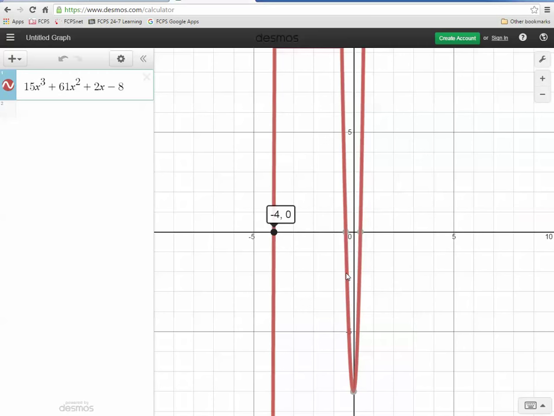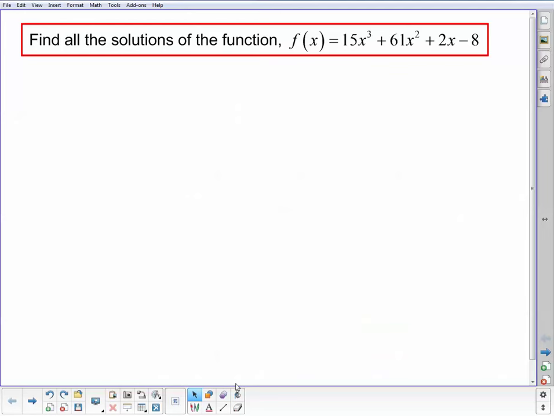Considering I only want to take one of the 3 right now, it makes the most sense to take negative 4 because that's the easiest number to work with. So one of my solutions I know is x equals negative 4. And again, I pulled that strictly from the graphing calculator.